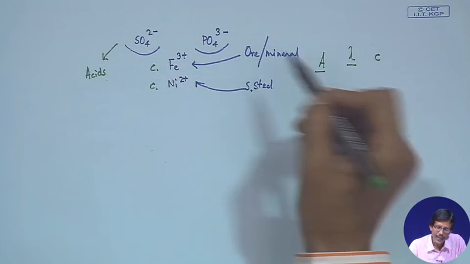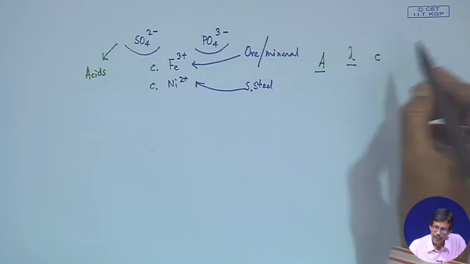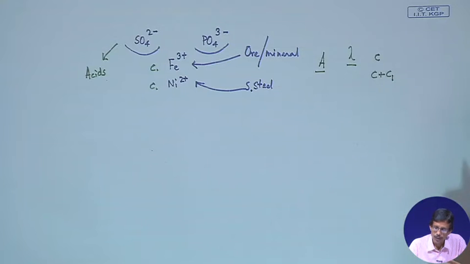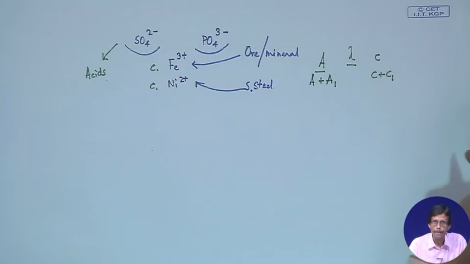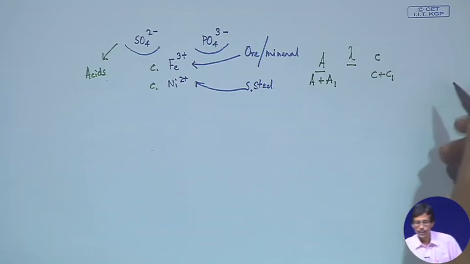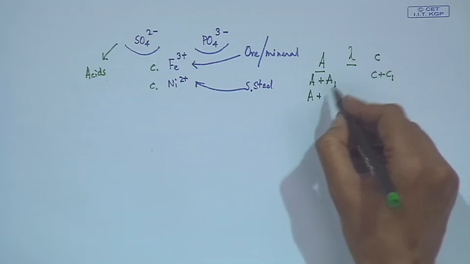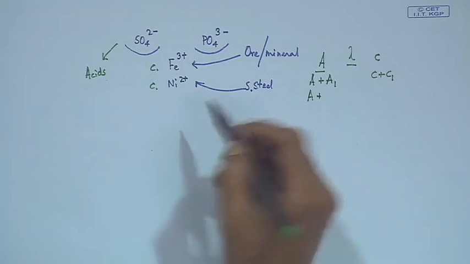Now, if we add a known concentration of this iron or nickel, C becomes C plus C1, so we know the absorbance will be A plus A1. Again we can add another incremental amount of the standard solution, prepared from a standard metal ion solution like nickel sulphate or ferrous sulphate.